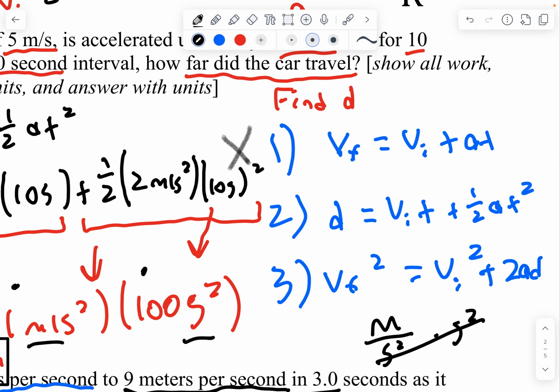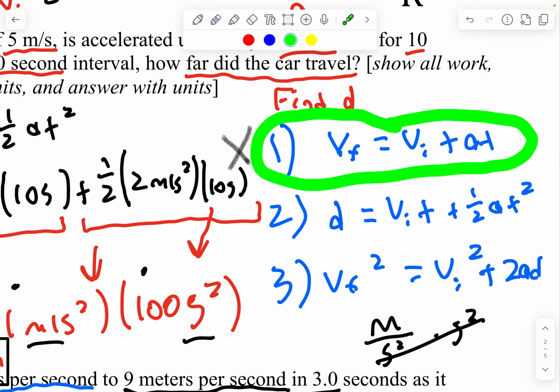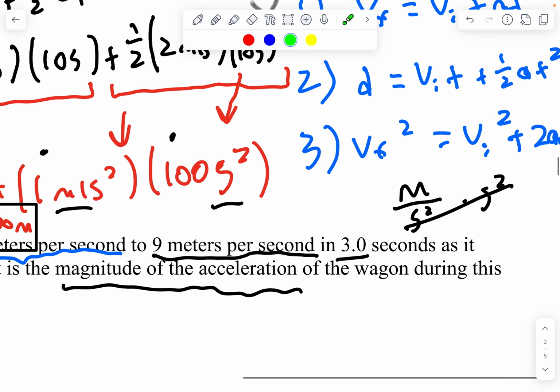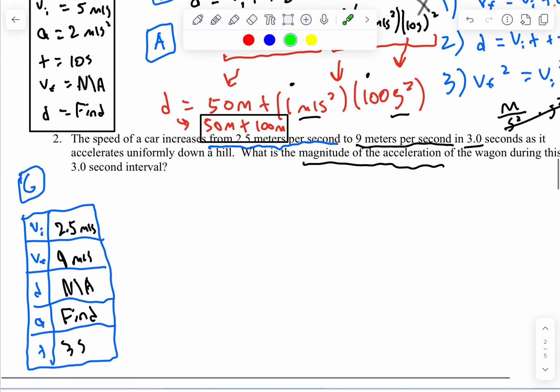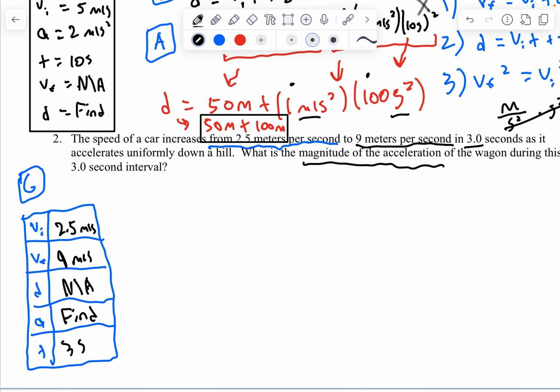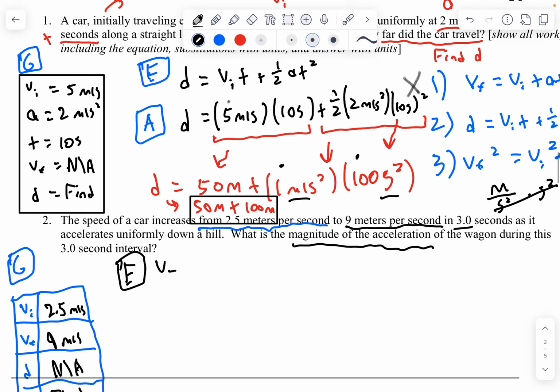The first one includes A, but doesn't include D. So let's take that one down. The final velocity equals the initial velocity plus acceleration times time.